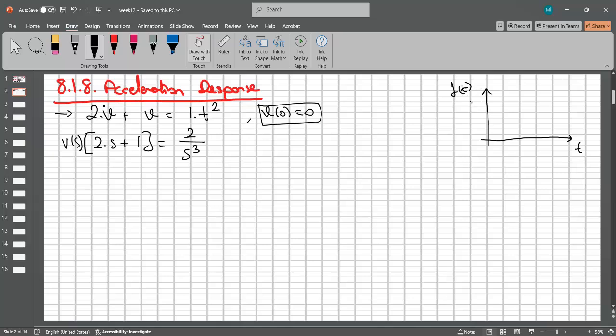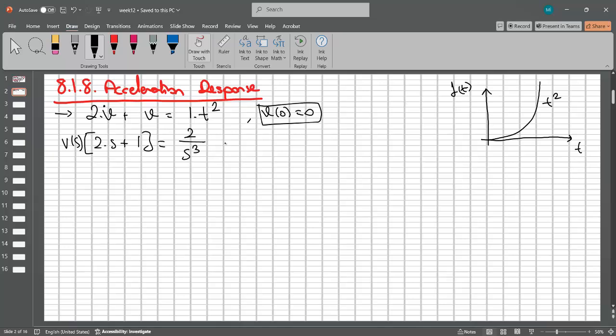Yes, but if t is going to infinity, it always increases, not a constant one, just like this one. See, this is t squared.